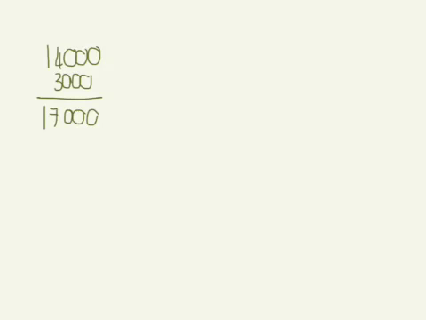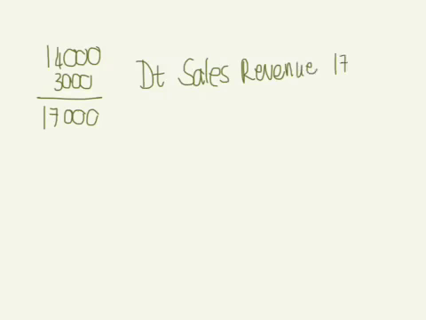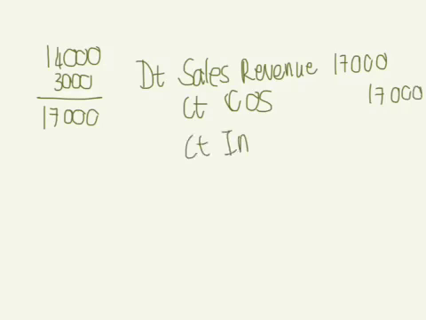So we'll reverse the sales revenue of 17,000, and because all the inventory has been sold, everything has been transferred to cost of sales, so that is then 17,000, and there's no inventory on hand at the end of the year, so there's no inventory adjustment.